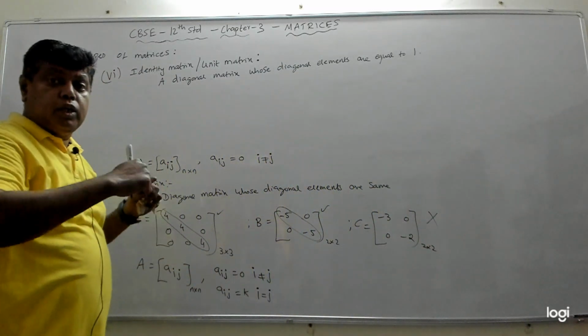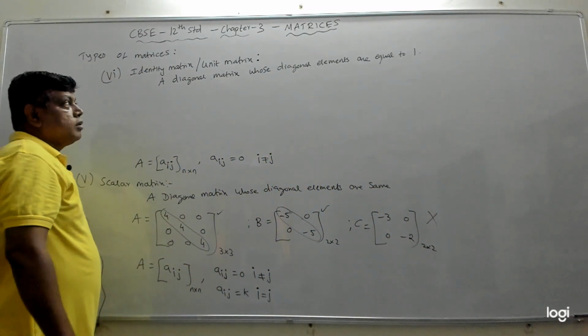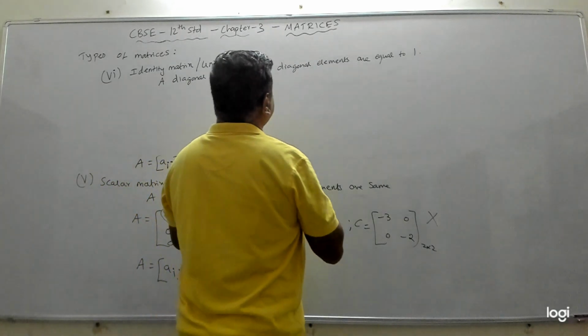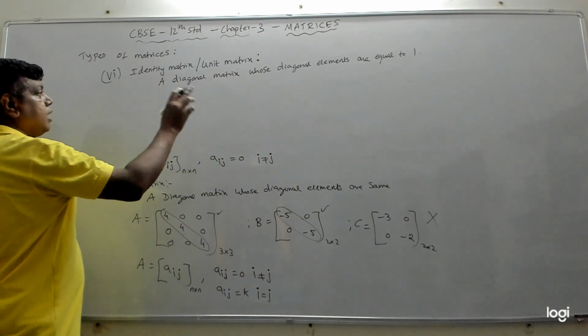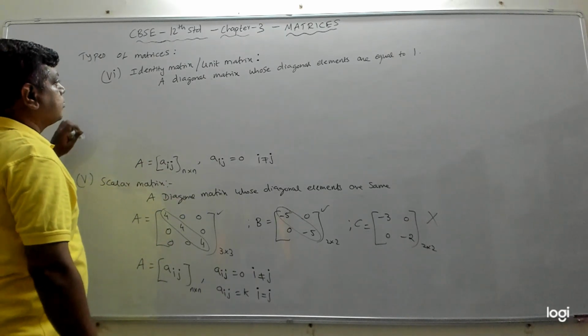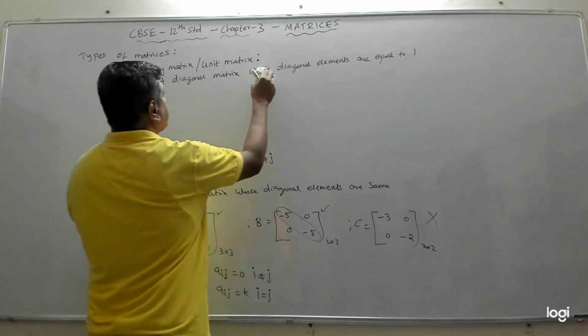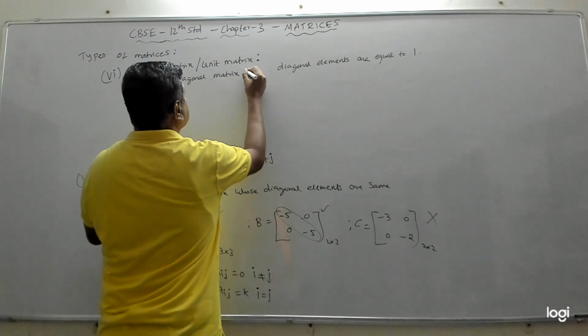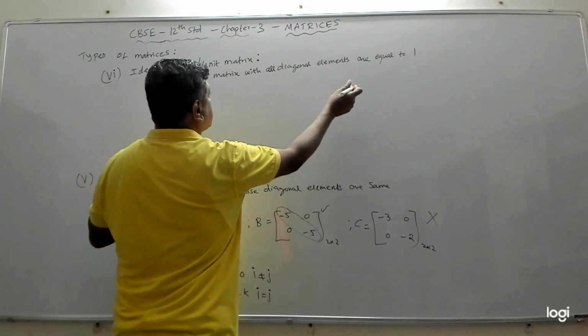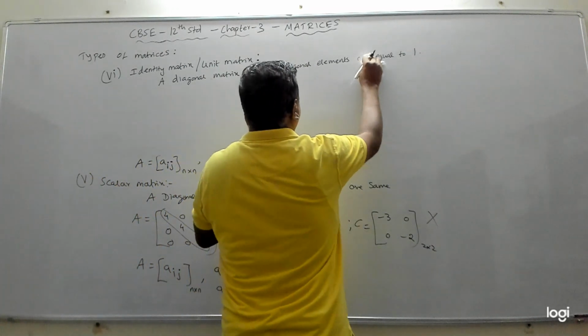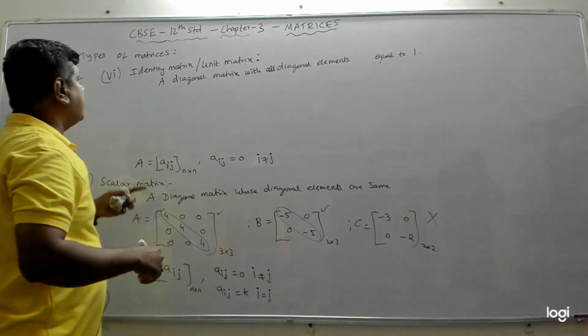Right? Which means all the diagonal elements should be equal to 1. Or we can say a diagonal matrix with all diagonal elements equal to 1 is called an identity matrix.